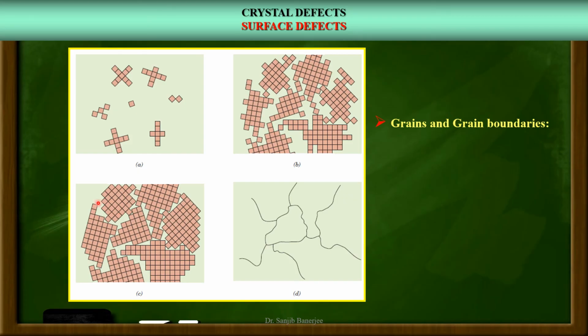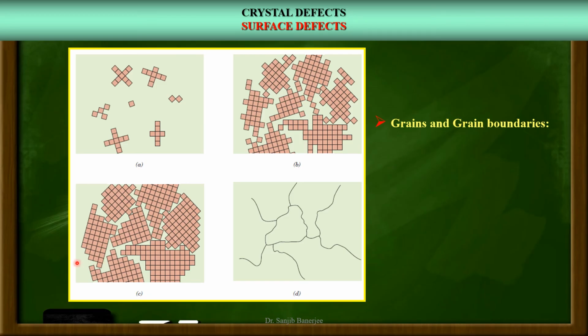Now, in between the grains are the areas of grain boundaries. This figure shows only the grain boundaries. Since the crystal orientations are different for different grains, over the grain boundaries the atomic arrangement is haphazard, that is, atoms are not arranged in an orderly fashion.